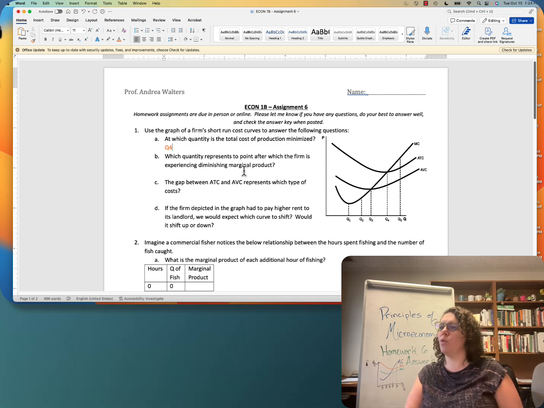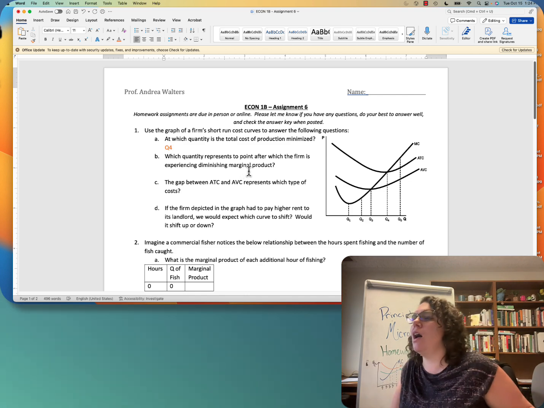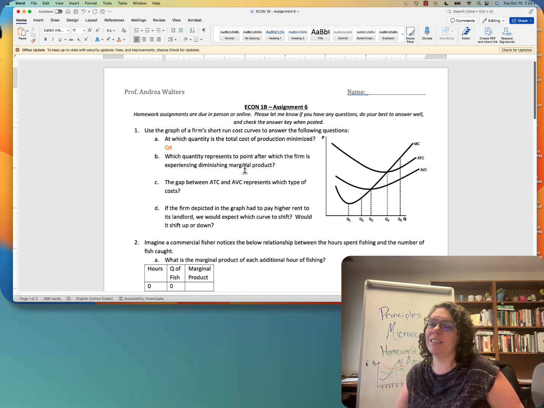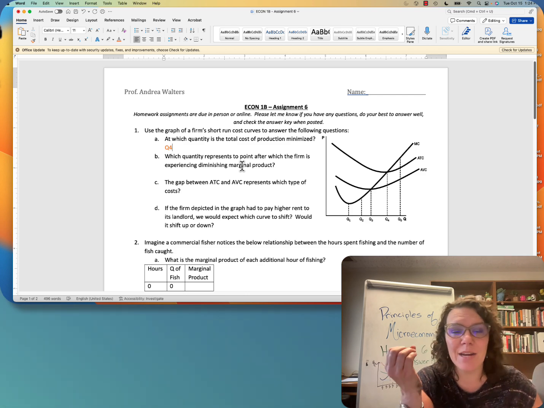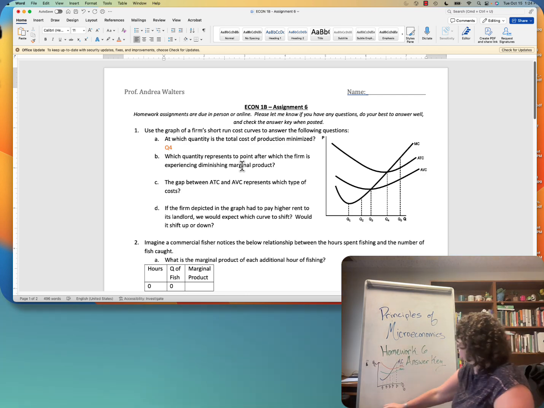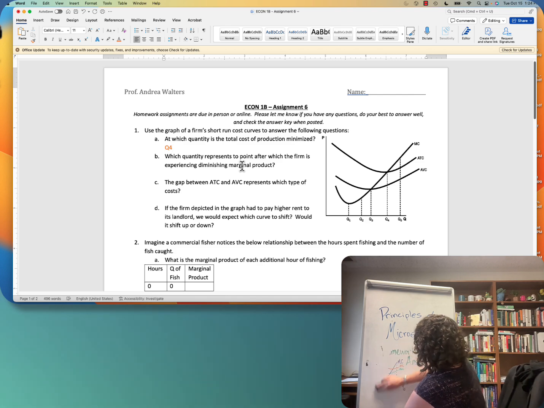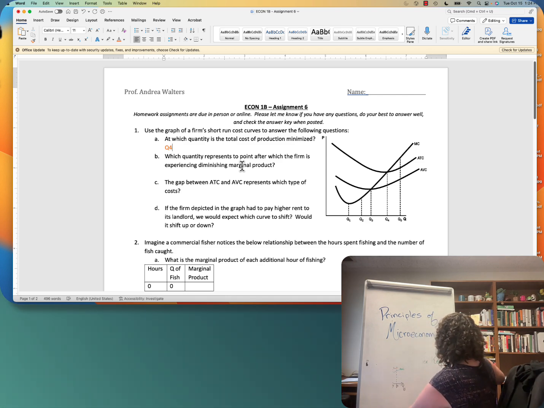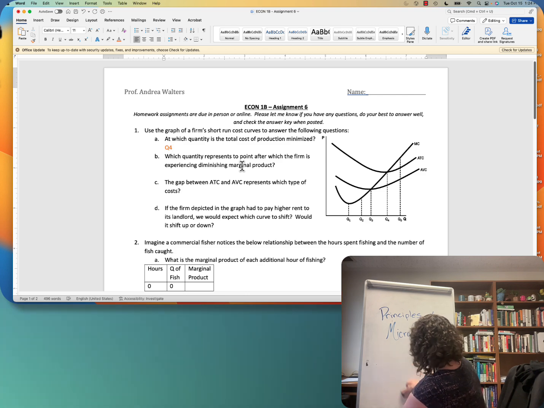Which quantity represents the point after which the firm experiences diminishing marginal returns? Again, we want to always remember that marginal cost is the other side of diminishing marginal product. And I'll try to do an example of this for you all at the end.